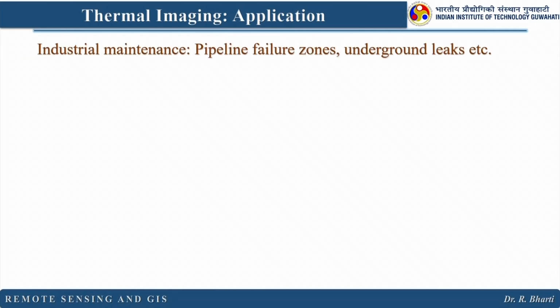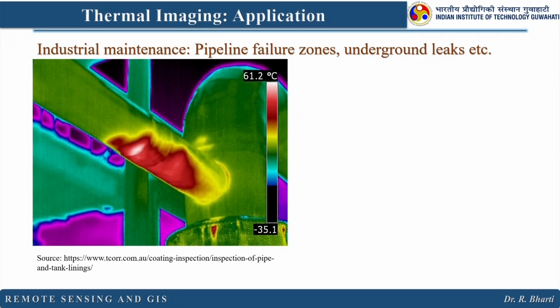Now the next one is industrial maintenance. Here is one example of a pipeline failure zone. Suppose you have a petroleum pipeline and you want to find out the vulnerable zones where it is likely to fail or leak. If you take thermal images, you can easily find out where it is likely to fail.